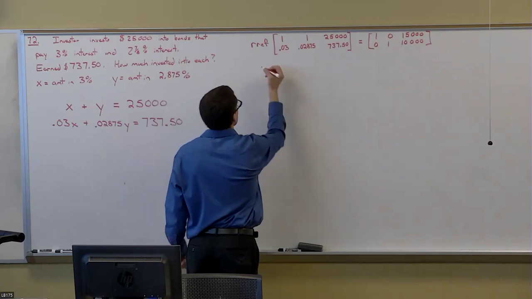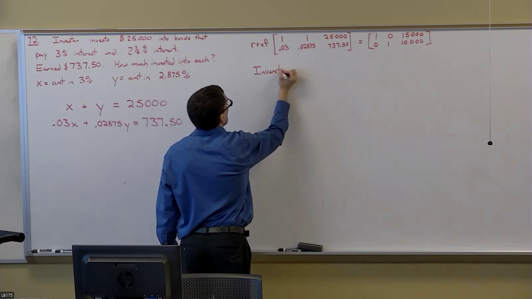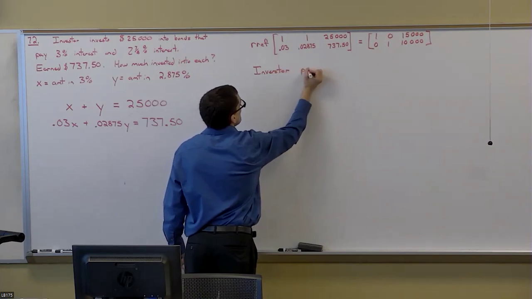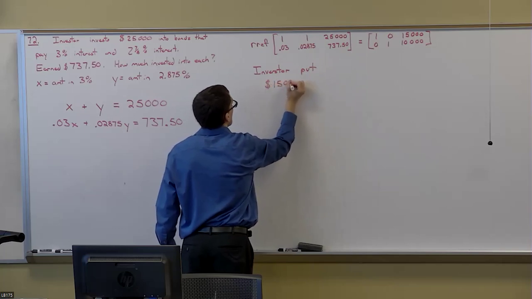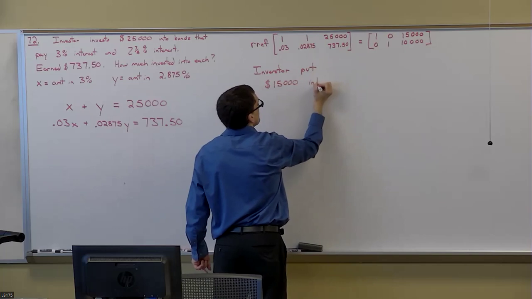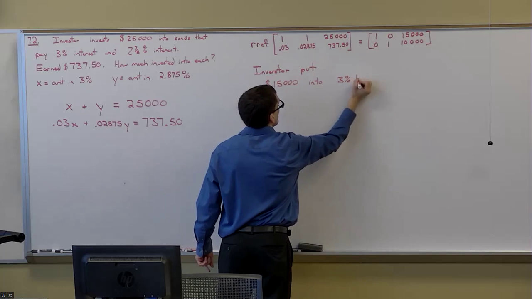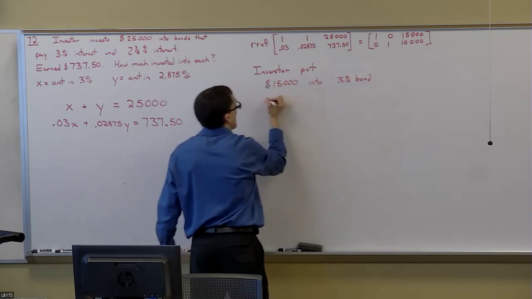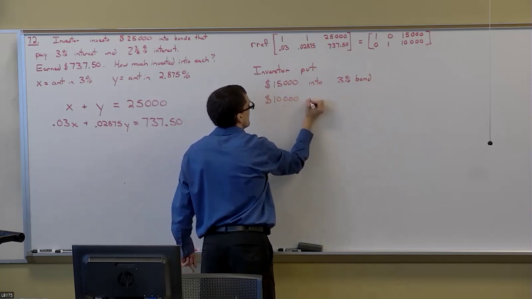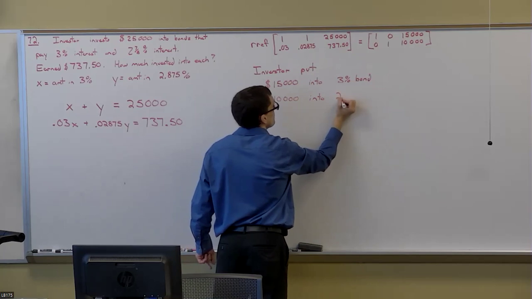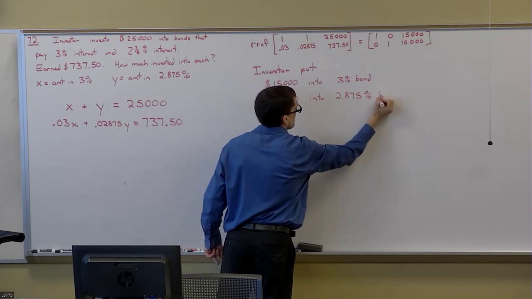But the investor must have put 15,000 into the 3% bond and must have put 10,000 into the 2.875 bond.